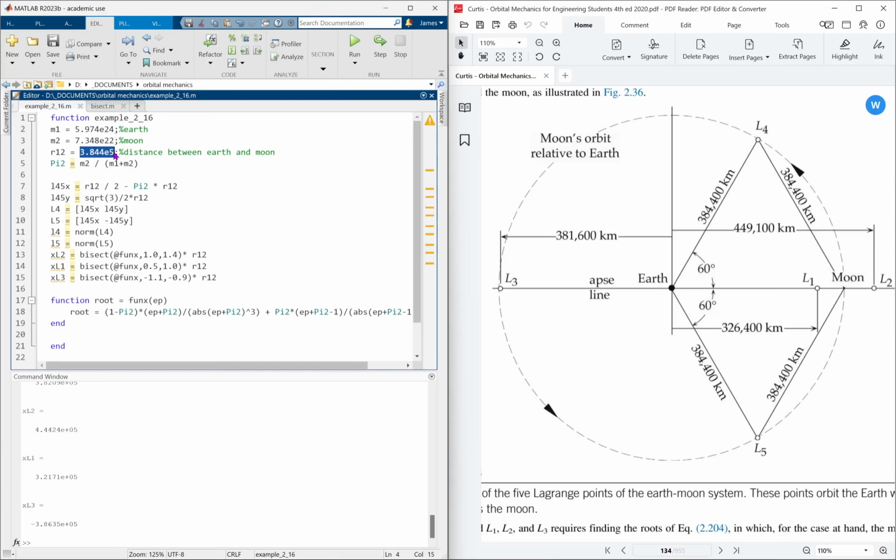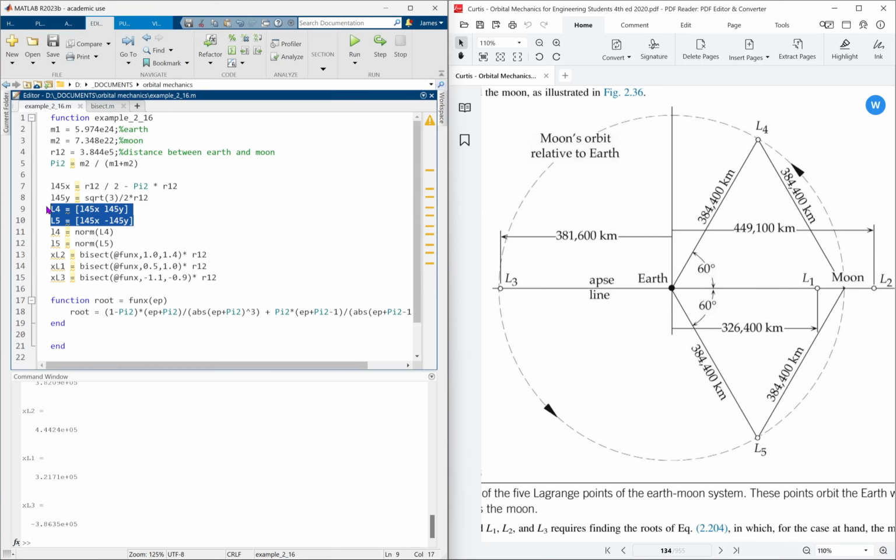R12 is known, so we can get pi2, which is m2 over m1 plus m2, and then the length L. The Lagrange point for Lagrange 4 and 5 is R12 divided by 2 minus pi2 times R12, and the y position is the square root of 3 divided by 2 times R12.